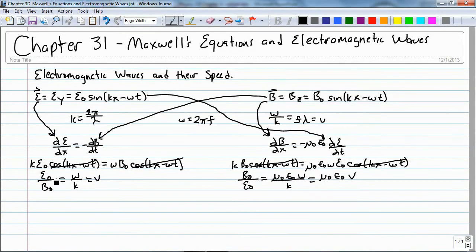Now I can flip this, and I can have B naught over E naught is equal to 1 over V, and I can set those two equal together.